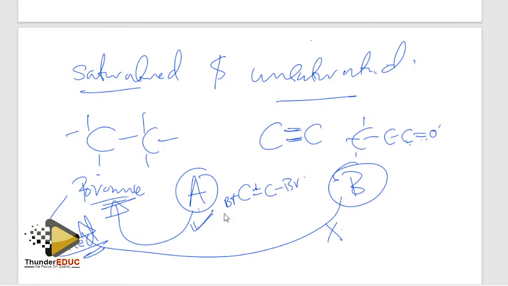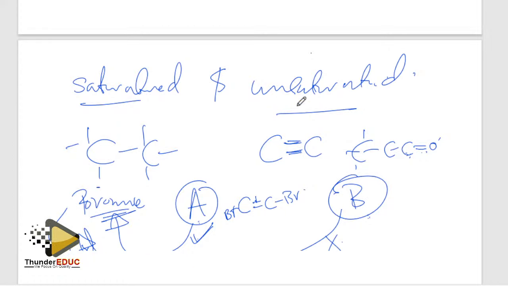Here, there is no double bond, so the bromine water will not be decolorized. Guys, make sure that you know that technique. I have so many questions I can show you regarding this, but I'm just trying to do a highlight, and then we can go through 2 or 3 questions.